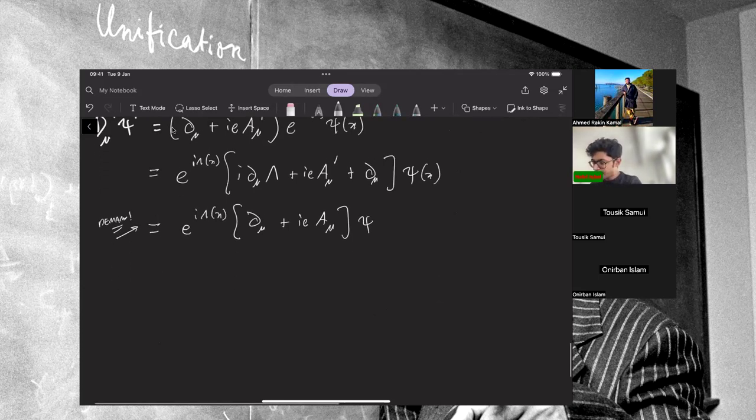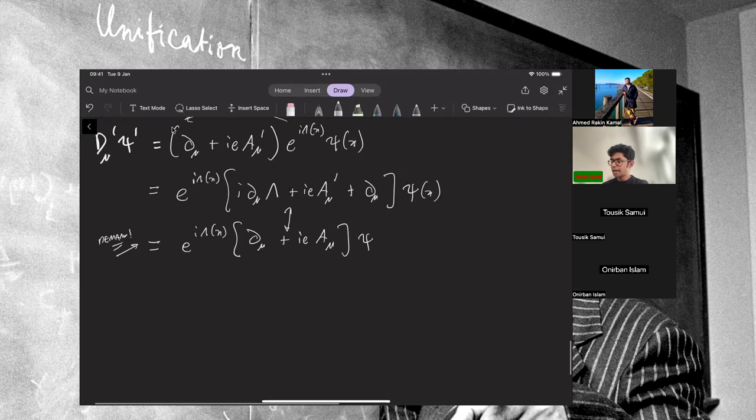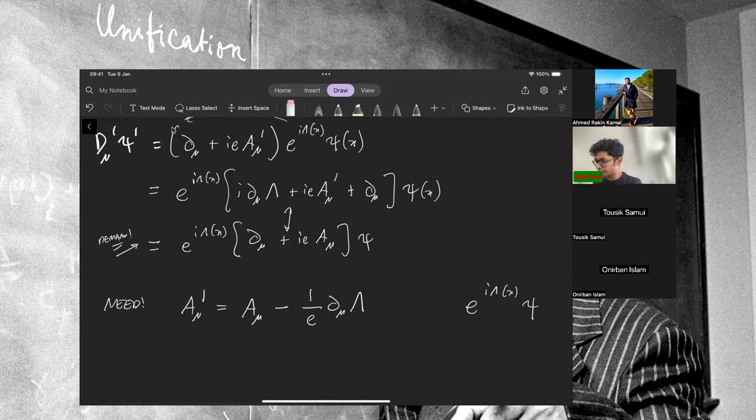Now we can compare these two lines, and we can see that for these two things to be equal, we need A_mu prime, in other words A_mu under a gauge transformation, to equal A_mu minus 1 over e partial_mu lambda. And psi prime equals e to the i lambda of x times psi. Let me stress that everything here depends on space and time. So we have psi prime of x equal to this.